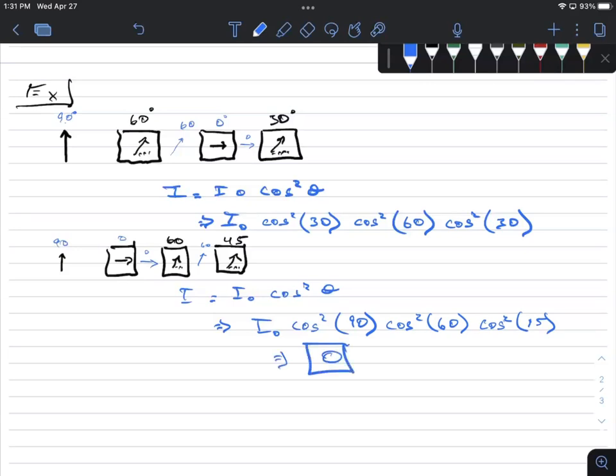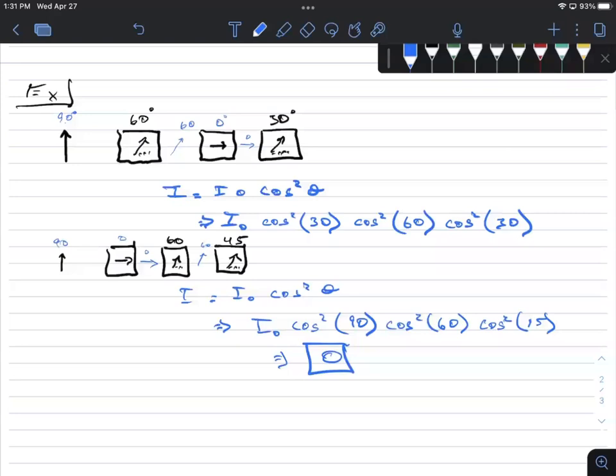And the reason the answer is 0 is because there's a little trick with polarization. And the trick is this. Anytime light is polarized perpendicular to a filter. Okay, so in this case, I'm upwards polarized at 90, and the very first filter is horizontal. Well, my light is perpendicular to the first filter.